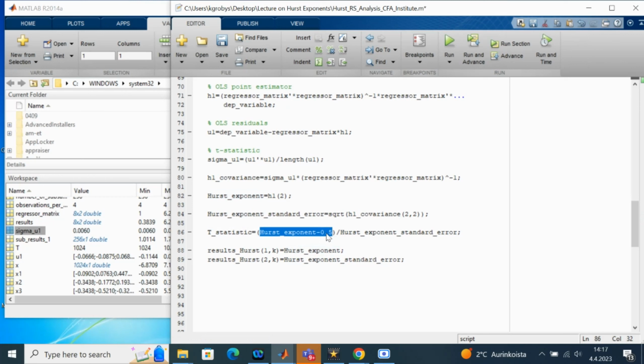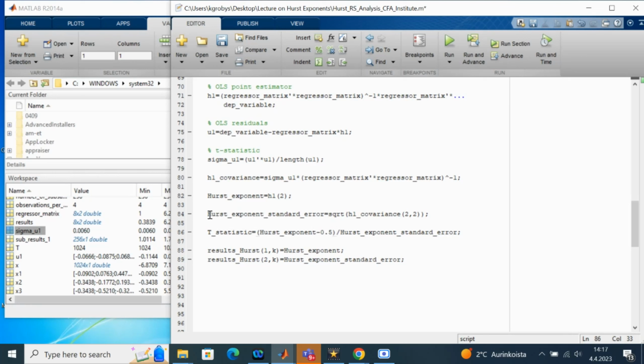So under the null hypothesis, the difference is 0, so we assume that our point estimator is not different from 0.5. If we reject the null hypothesis, it indicates that our point estimator is statistically significantly different from 0.5, and in our case larger than 0.5, indicating a significant persistent process.